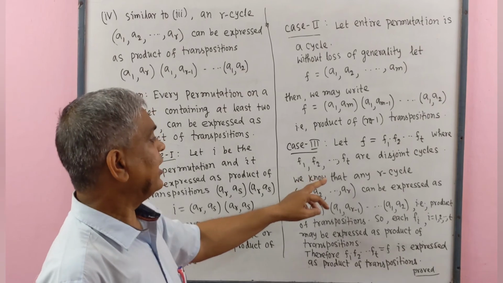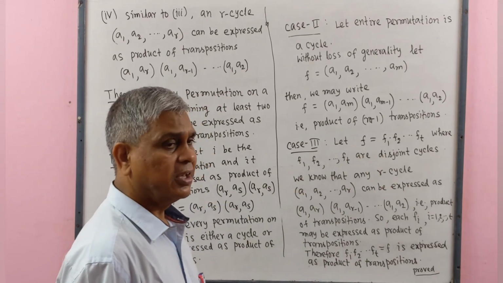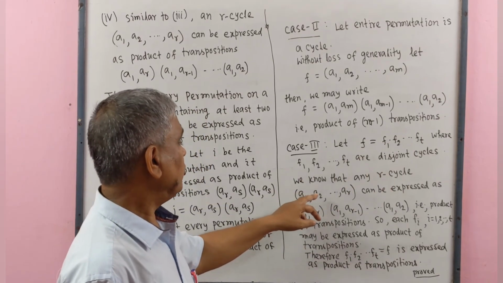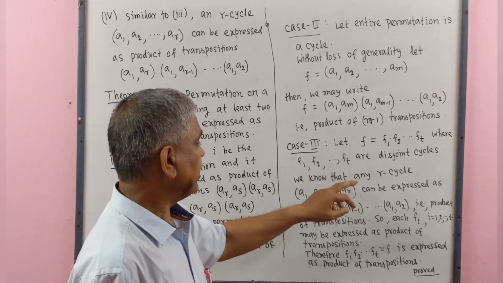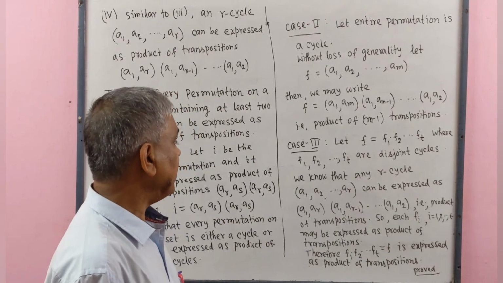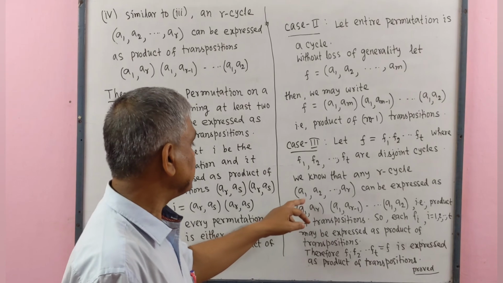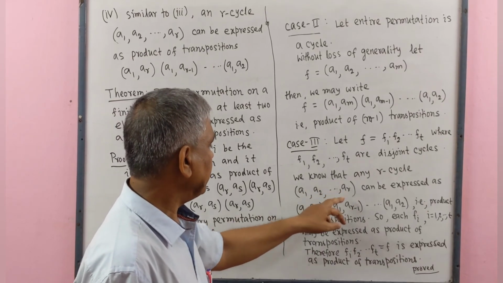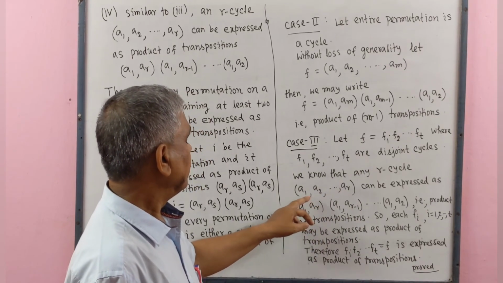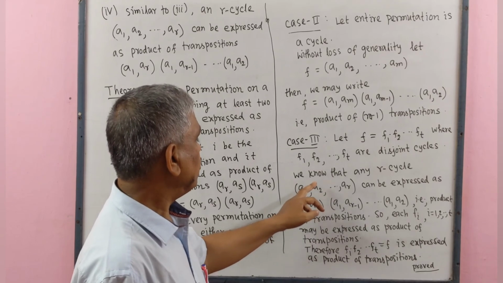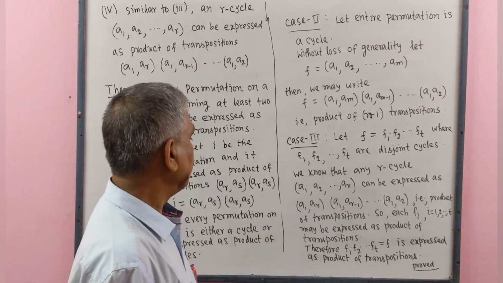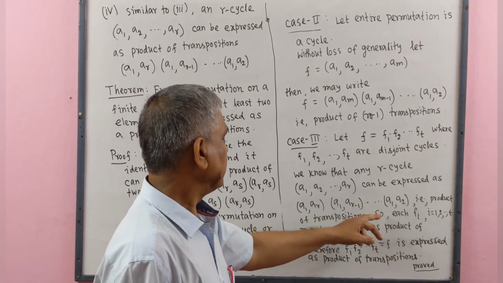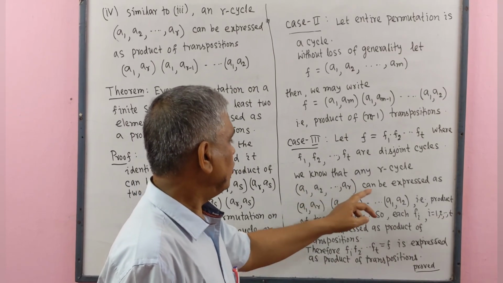We know that any R-cycle (A1, A2, ..., AR) can be expressed as product of transpositions (A1, AR) multiply (A1, AR minus 1) multiply ... (A1, A2).